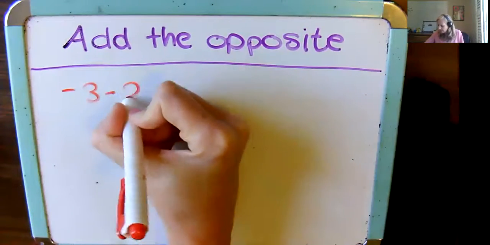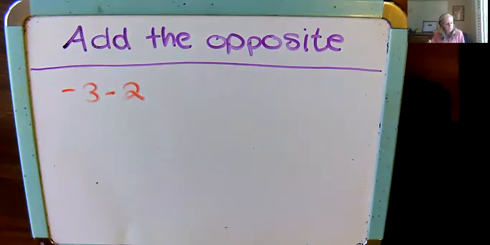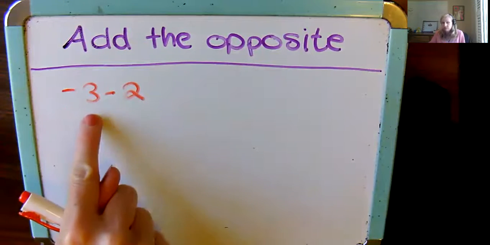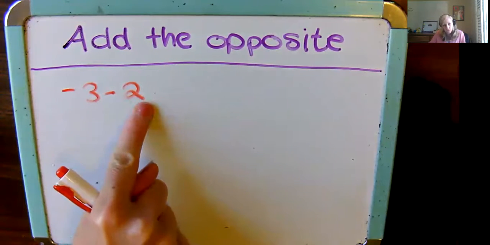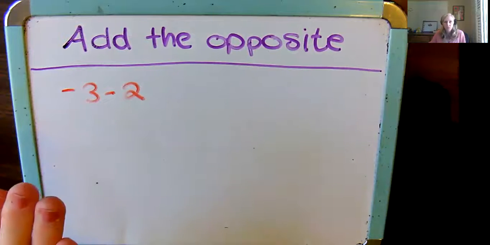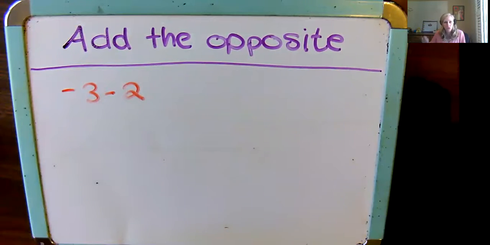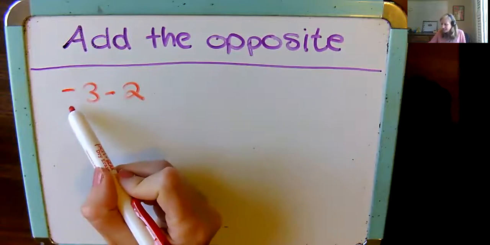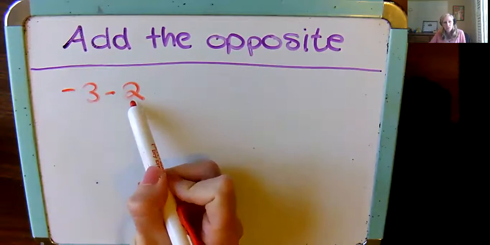Negative 3 minus 2. If you were to read this problem out loud, you would read negative 3 minus 2. Some of you can do this in your head, no problem. But if you're just learning to subtract integers, let me walk you through steps that will help you every single time. This problem says negative 3 minus 2.